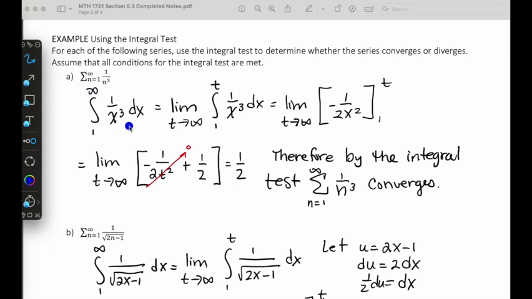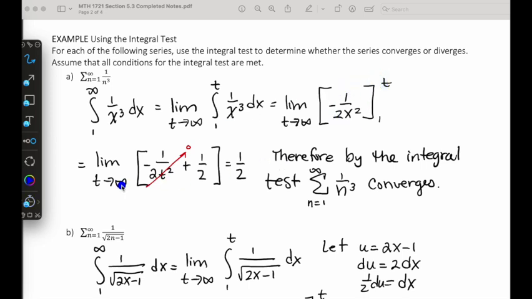So when I set this up, the integral from 1 to infinity of 1 over x to the third dx, I'm going to rewrite that as a proper integral. And I have the limit as t goes to infinity of the integral from 1 to t, 1 over x to the third dx. Now, when I integrate 1 over x to the third, I get 1 over negative 2x squared. And I want to evaluate that from 1 to t.